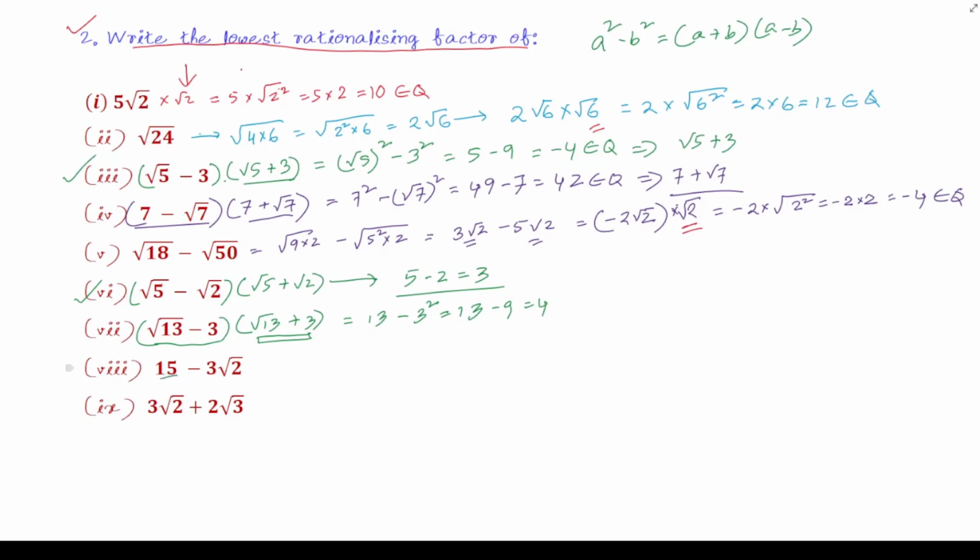Now 15 minus 3 root 2. From this we have to simplify it. If we take 3 common, then it will be 5 minus root 2. If we multiply this by 5 plus root 2, this is equal to 3, and here it is a minus b multiplied by a plus b.